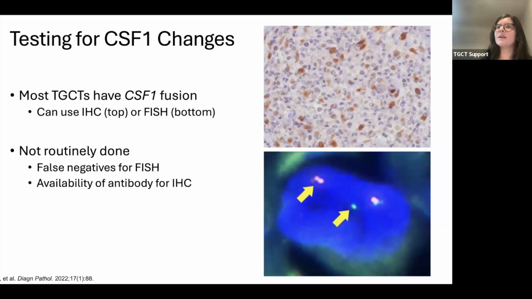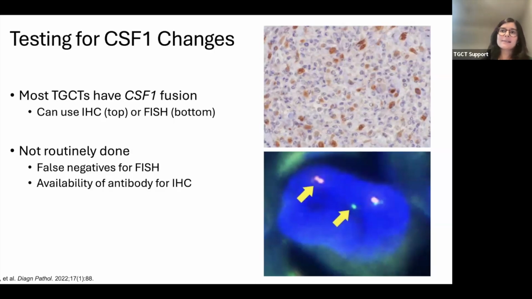It's only going to be in the neoplastic synovial cells. Same thing with the FISH. And this is what that schematic looks like in real life with the fluorescence microscope. We have one fused signal there, and then one signal that's split apart. So this tells us that, yep, we have a translocation involving the CSF1 gene.